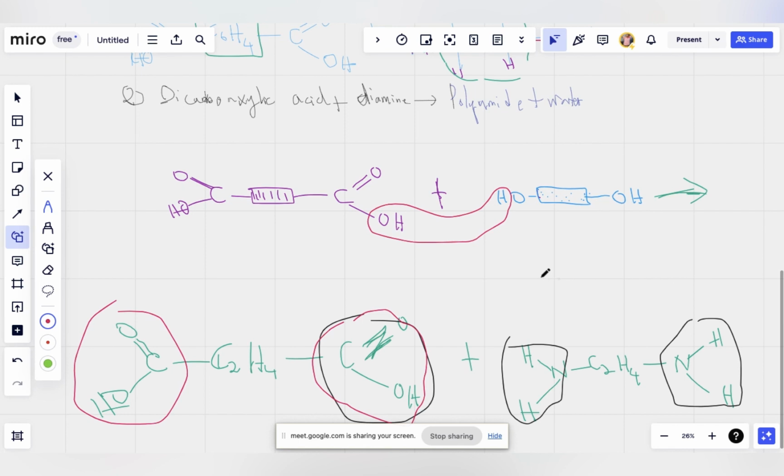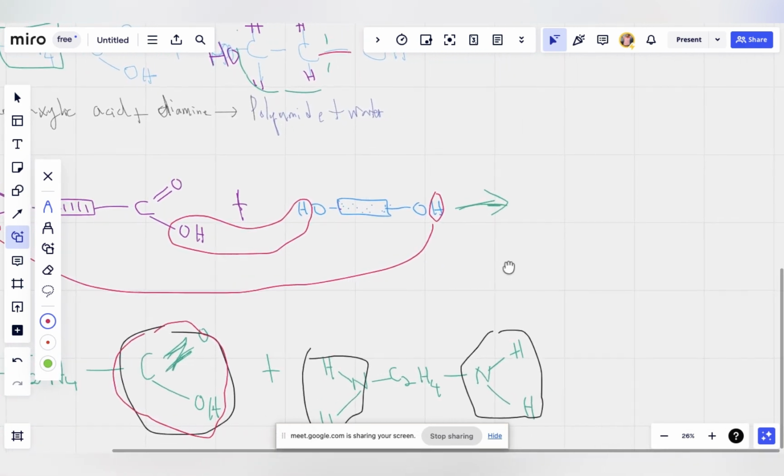Similarly, even this OH will be taken by the next H that is supposed to be active with it. It's a continuous chain, so we assume this will also take on this. So in the end, what we will have will be a result like this.